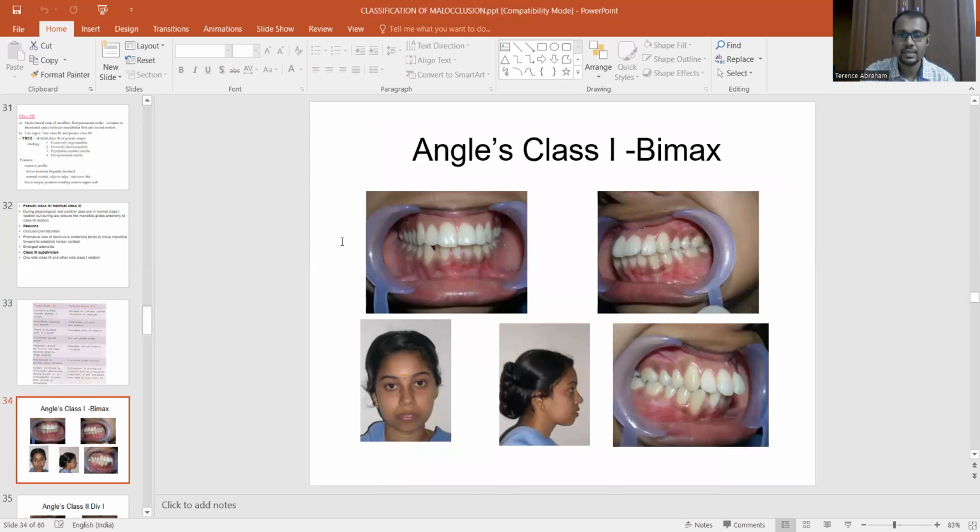So this is a case report of an Angle's class 1 with bimaxillary dentoalveolar protrusion. Here you can see the patient has a convex profile, incompetent lips, and intraorally you can see class 1 molar relation, class 1 malocclusion, class 1 skeletal pattern, but proclined upper and lower anteriors.